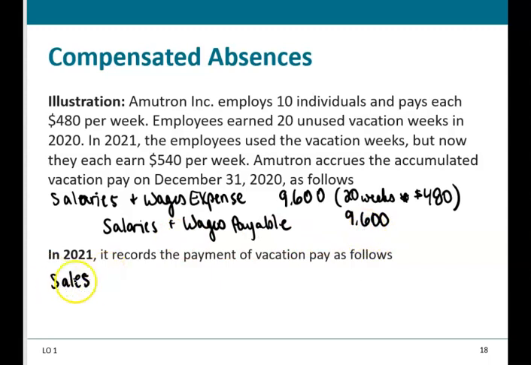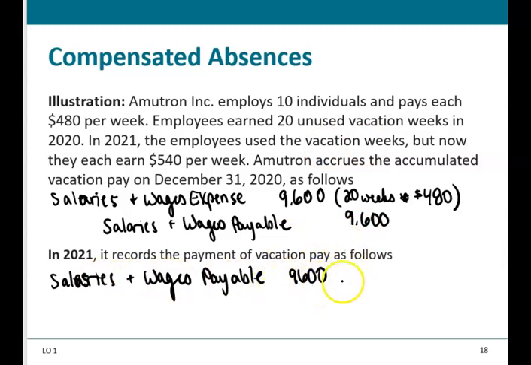I need to debit salaries and wages payable. They took all of the vacation time, so I can reduce it the full 9,600. However, if the employees only took, let's say, 15 of the vacation weeks, I would debit salaries and wages payable, not 9,600, but 15 weeks times the accrued amount, 480.